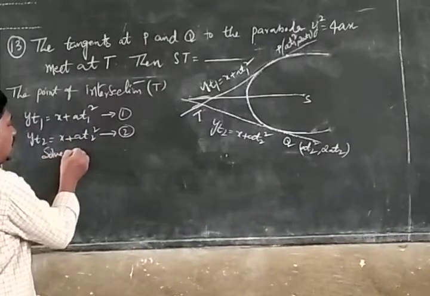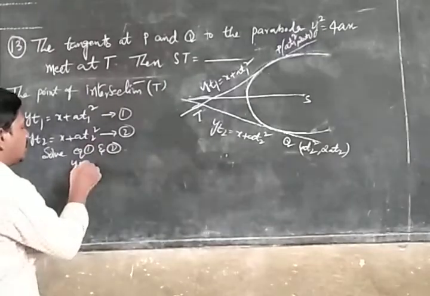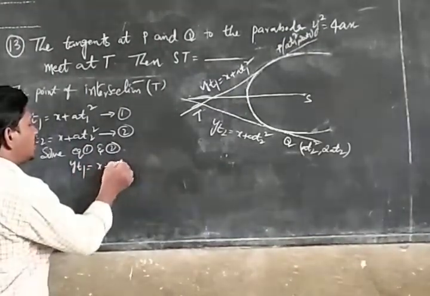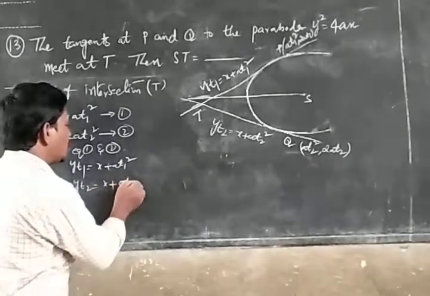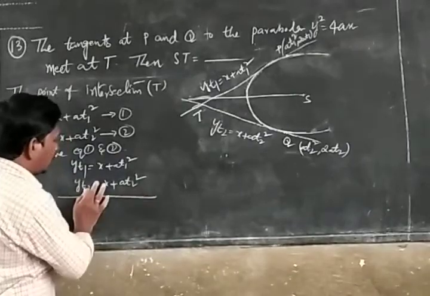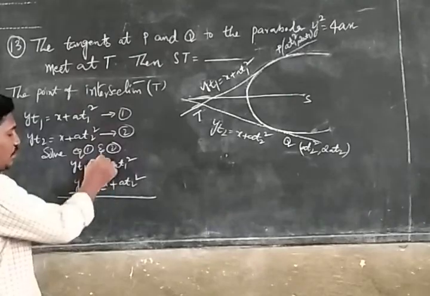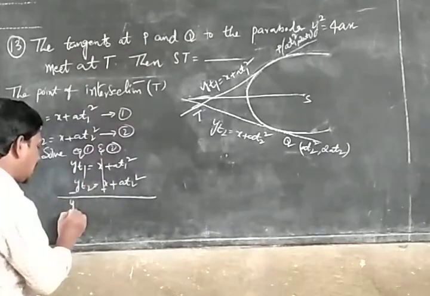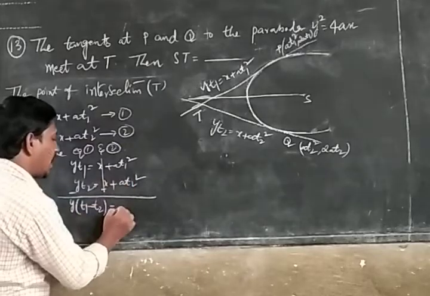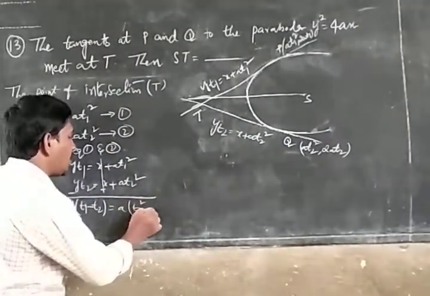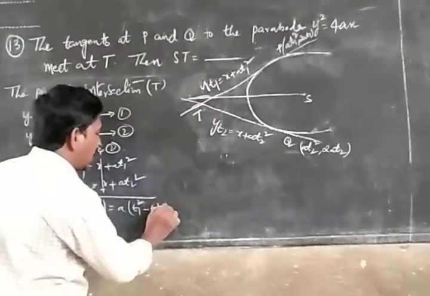Solve equations 1 and 2. Now yt1 equal to x plus at1 square, yt2 equal to x plus at2 square. Now subtract. The x minus x both cancel, and y equal to a into t1 square minus t2 square.